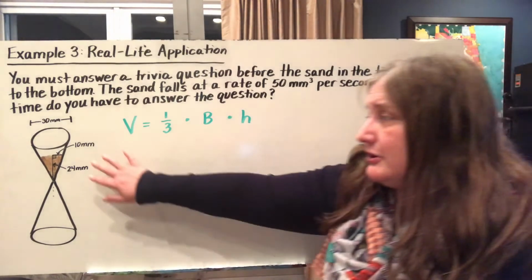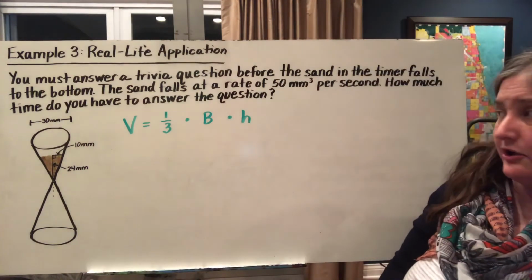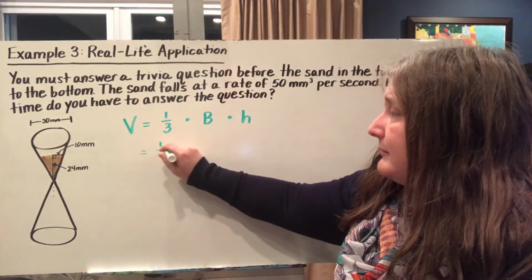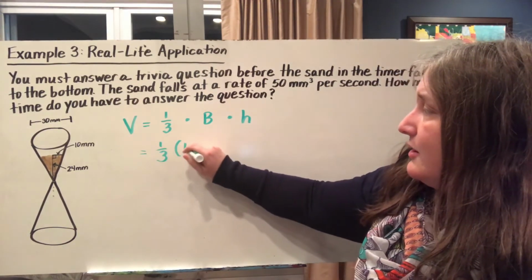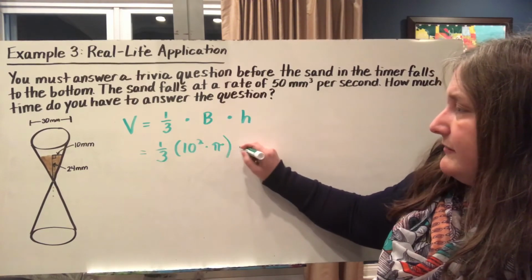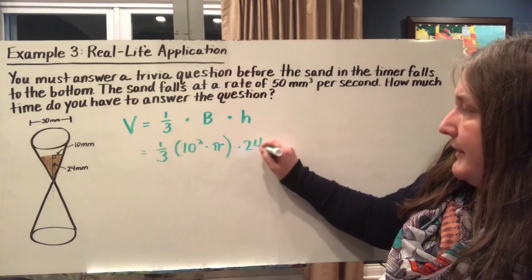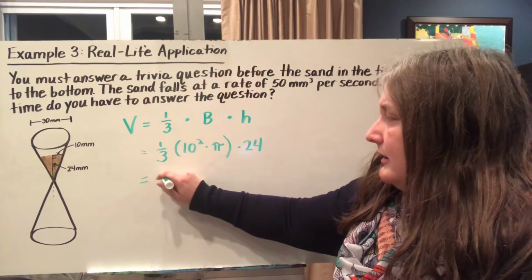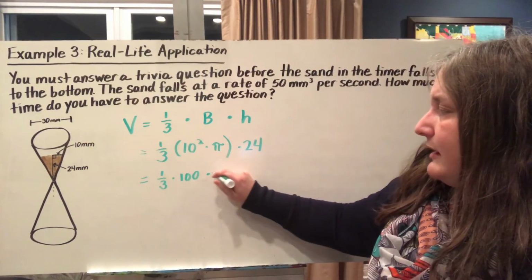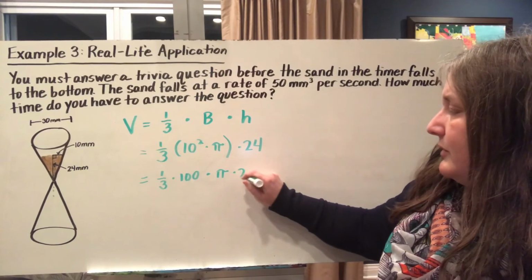So first I need to figure out how much sand is in there. What's the volume of that section? So I'm going to do 1/3 times the area of the base. I have a radius of 10, so 10 squared times pi, and the height of the sand is 24 millimeters. So I'm going to solve my squared first. I get 1/3 times 100 times pi times 24.